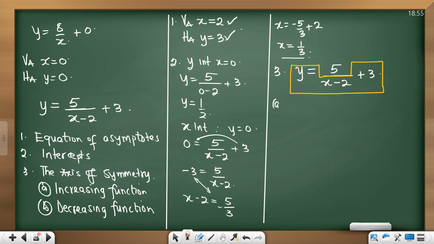So number 1, A, with an increasing function. When they say increasing function, it simply means that your m is equal to positive 1. I'm just going to write that thing that is in the box. And then simplify. 3 minus 2, we are done. That's my equation.